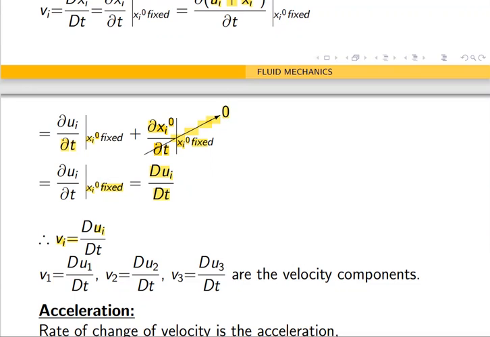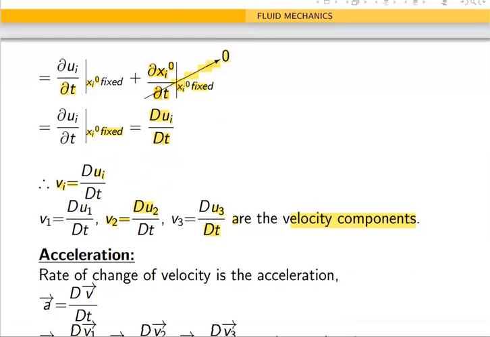That is in terms of displacement. So v1 is Du1 by dt, v2 is Du2 by dt, and v3 is Du3 by dt. And these are the velocity components, or you can also say material velocity. So we can have it in terms of displacement or in terms of the spatial coordinates, the x's.